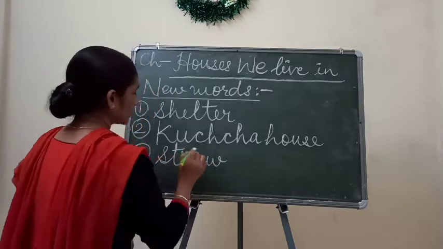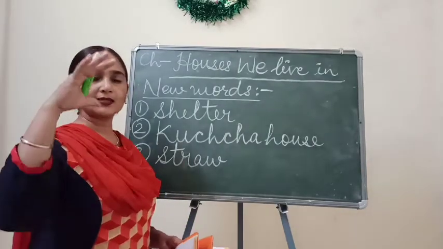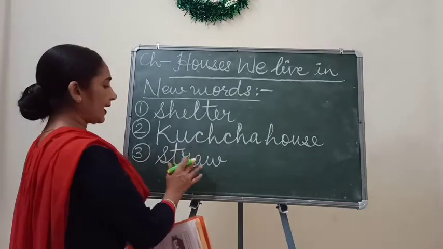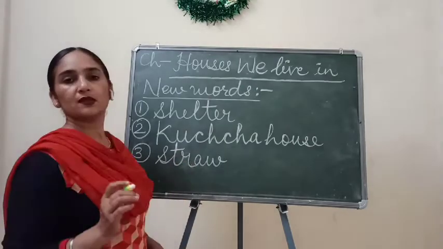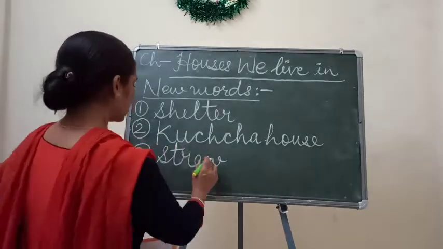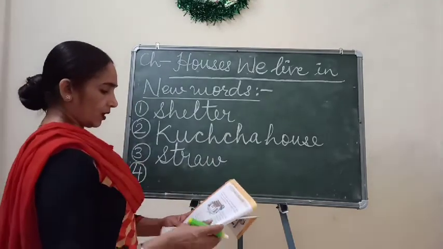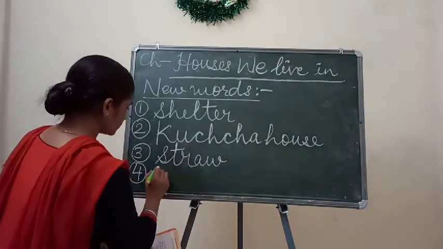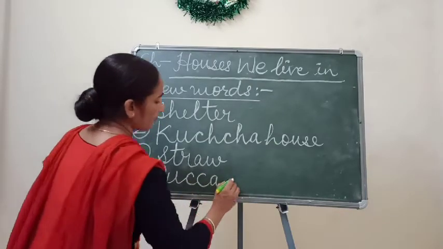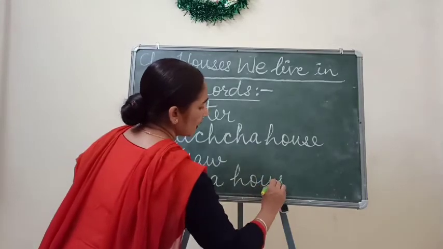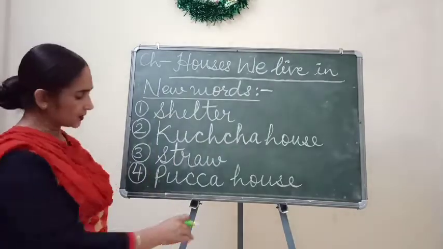S-T-R-A-W. Straw. Straw means grass, dry grass. Tall grasses are there which are dried, and people used to make kacha houses from this straw. So this is dry grass. And fourth word is pakka house. P-U-C-C-A house. Pakka house. So children, these are the 4 words.